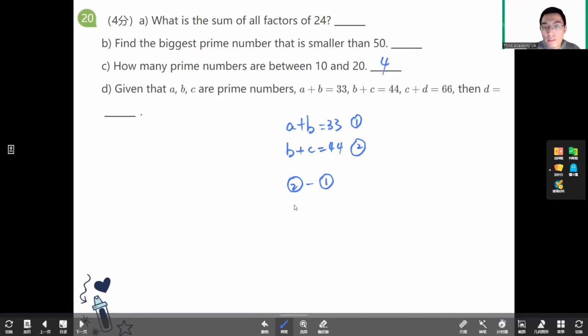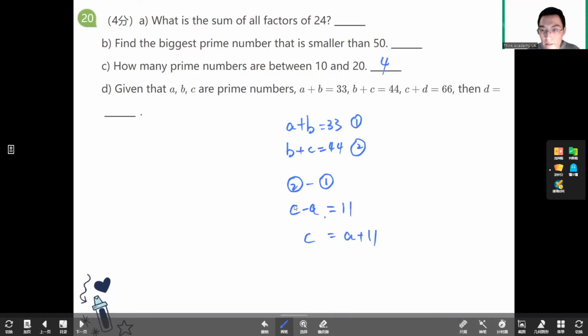So on the right-hand side, we have 44 minus 33, so it's 11. And on the left-hand side, we have B plus C minus A minus B. The plus B and the minus B cancel out. So what's left is just C minus A. That gives us C minus A equals 11, and C equals A plus 11.